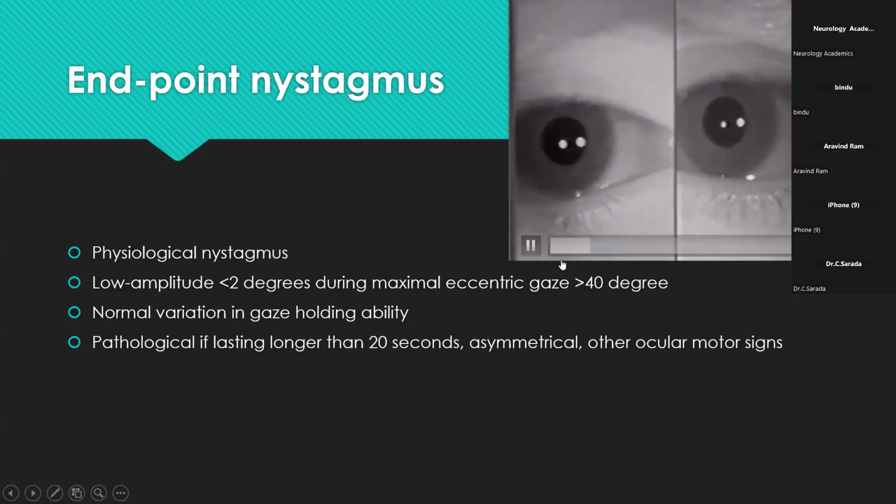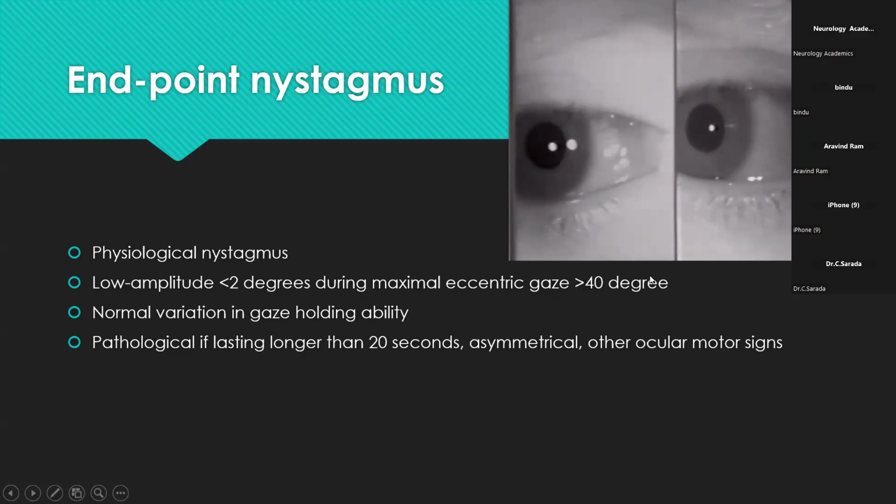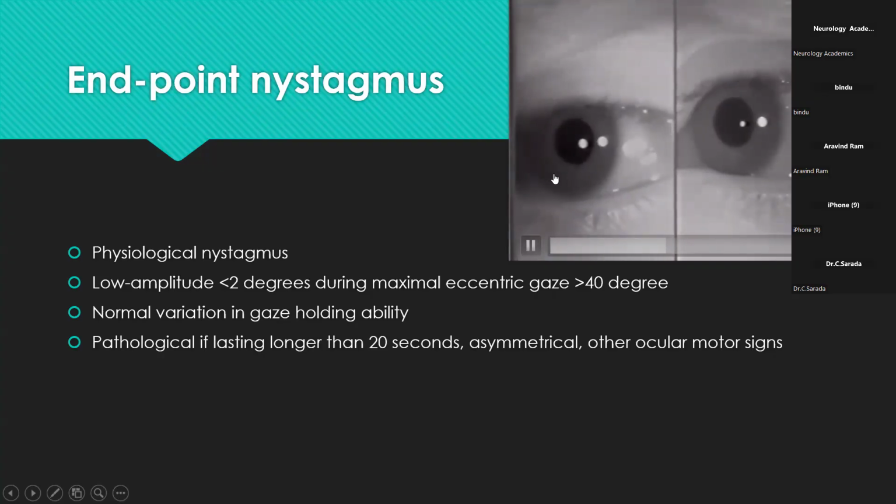In the primary position, there was no nystagmus, and when the eyes are turned towards the right gaze, there is a transient nystagmus, only one beat was apparent in this video.